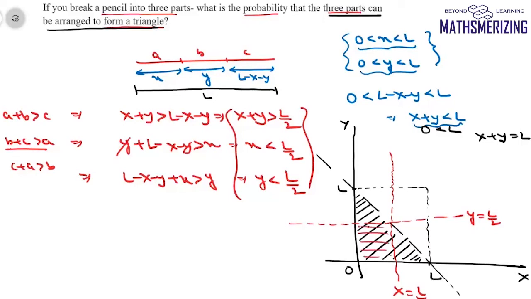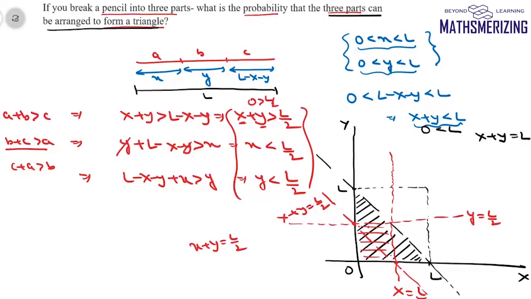And now this third condition is X plus Y should be greater than L by 2. So first I'll draw this line, which is X plus Y equals L by 2. Now this point is L by 2 comma 0, and this is 0 comma L by 2. So I'll draw this line. Now if I put X and Y as 0, I'll get 0 is greater than L by 2.